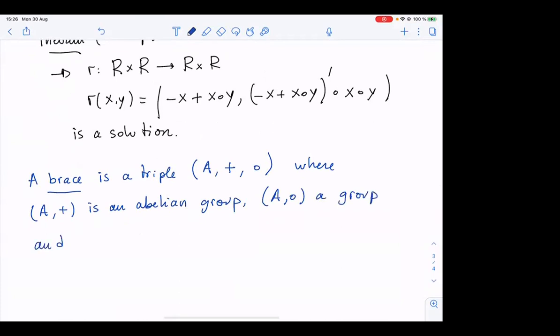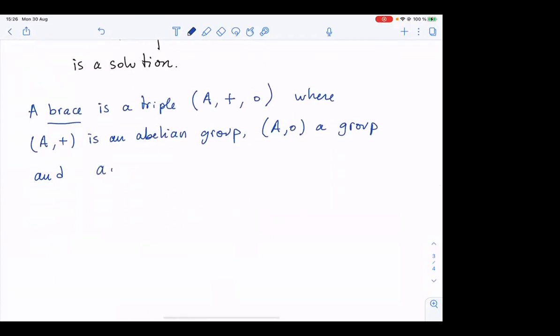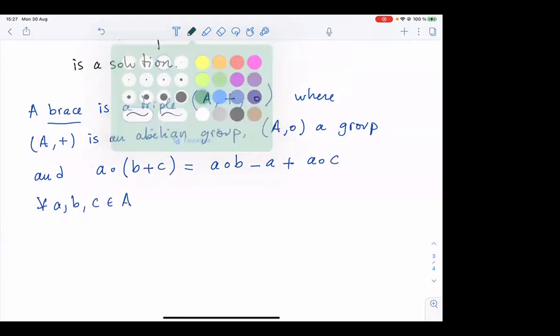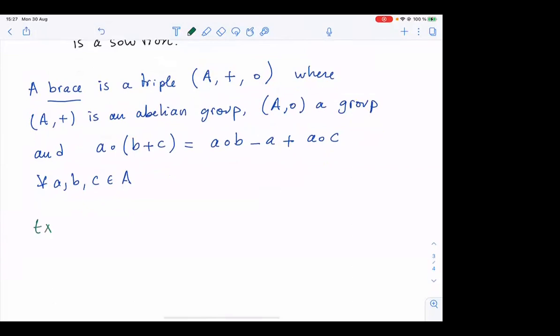And of course, as usual, you have a compatibility condition between these two structures. If you do this, it's not a distributivity, but something very similar. This holds for all a, b, c in A. And this is a brace, right? Okay, this is kind of funny, but it is not so funny because you have the following examples. The first example are radical rings.